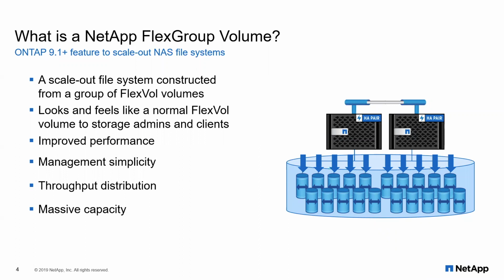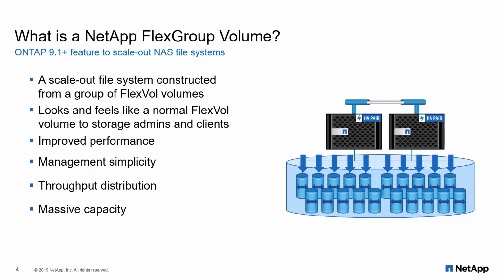A FlexVol is attached to a single CPU thread, and that has a limitation of serial operations. So if you have a lot of read and write operations, they're going to get queued up and processed serially. But with FlexGroups, we introduce parallelization where we can talk to all the different member volumes at the same time, and that helps improve throughput and performance in general.